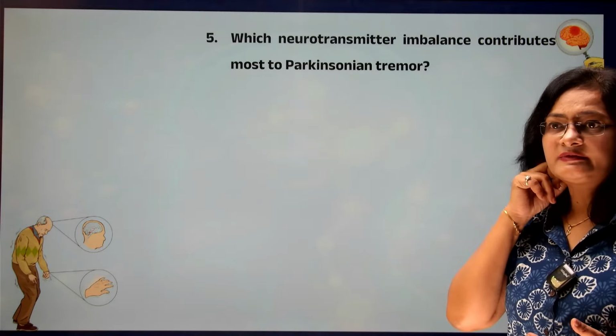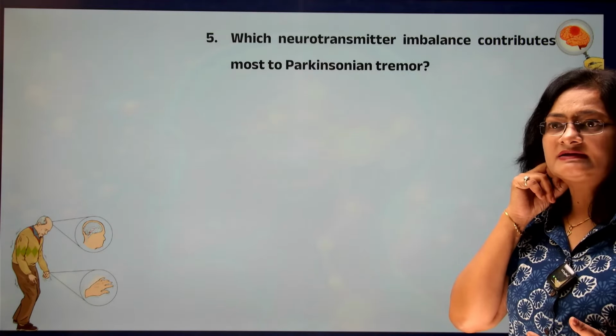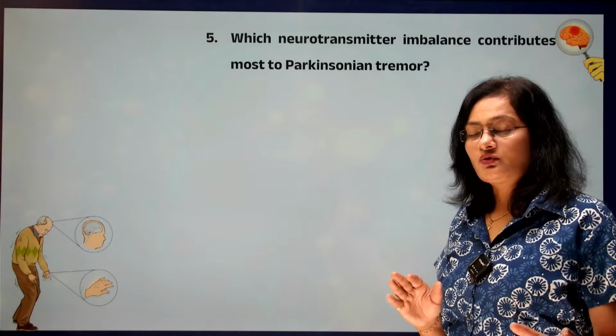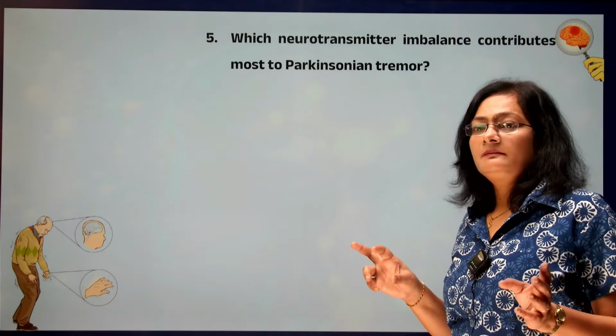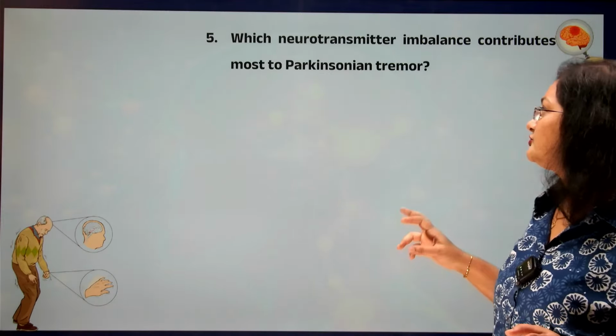So the indirect pathway, when it is overactivated, will result in these features. Which neurotransmitter imbalance contributes most to the Parkinsonism tremor? As we have discussed, it is dopamine, which is a centrally acting neurotransmitter. The same substitute at the peripheral nervous system will be acetylcholine. So disturbance in balance between dopamine and ACH will result in Parkinson's tremor.